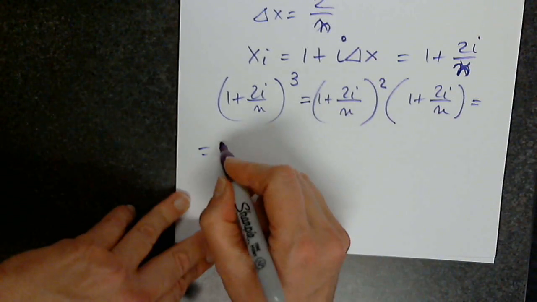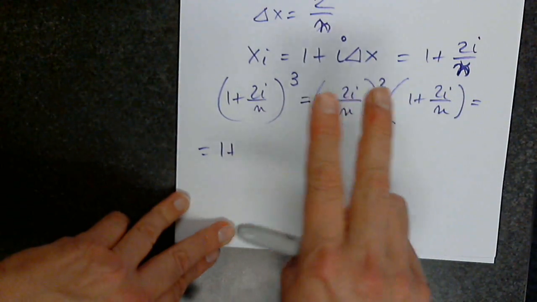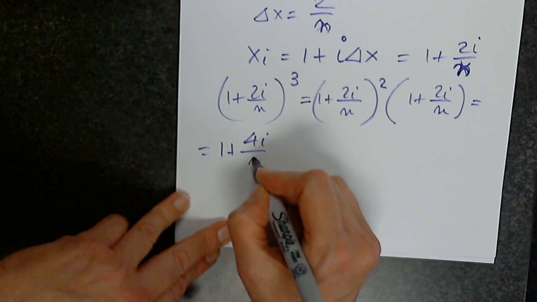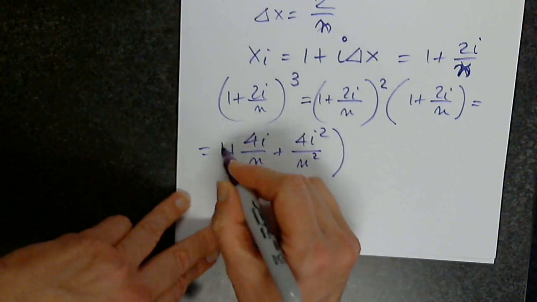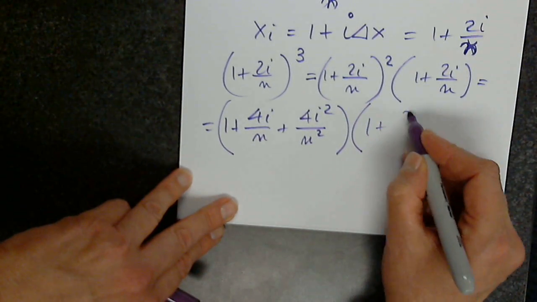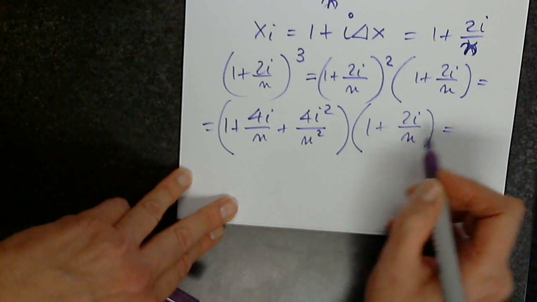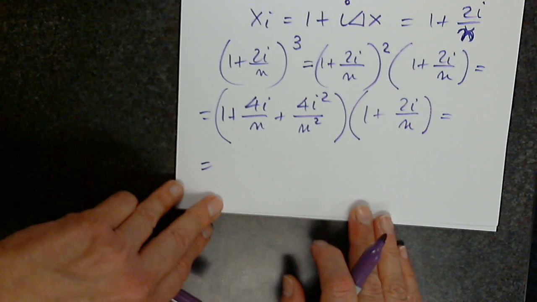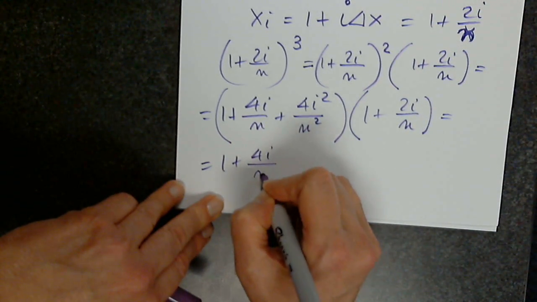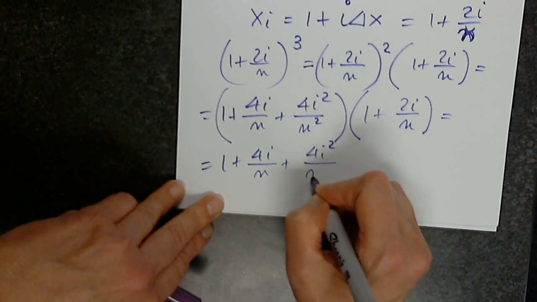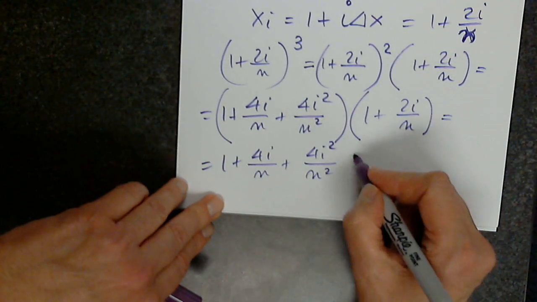So 1 plus 2 times the first times the second, 4i over n, plus 4i squared over n squared, and now I multiply again by 1 plus 2i over n. Is this clear? Yes? So 1 times all these 3, and this times all these 3.